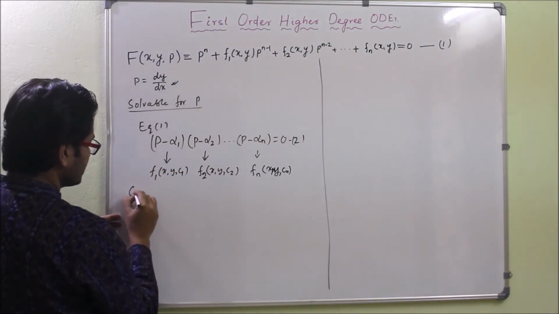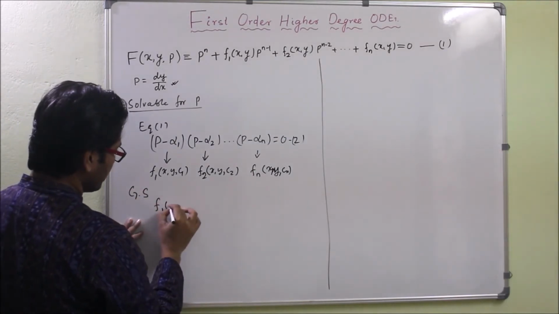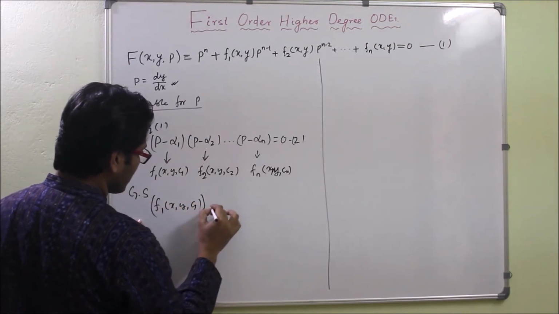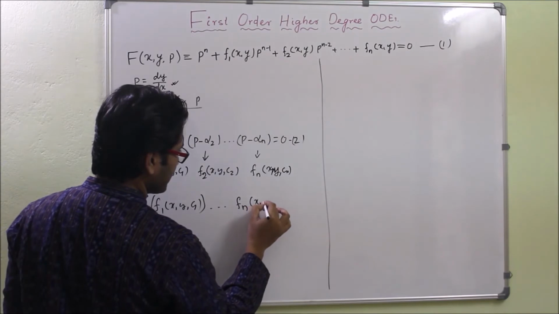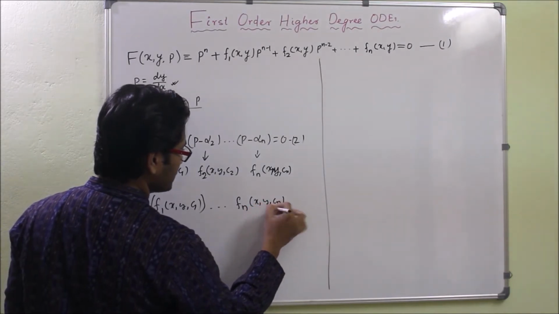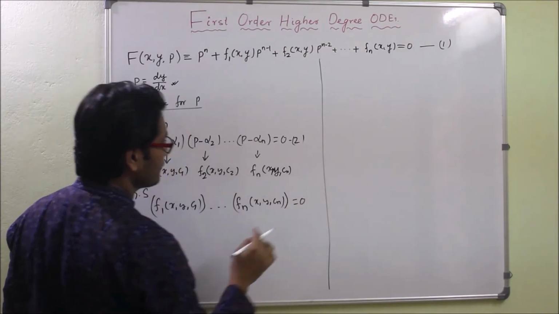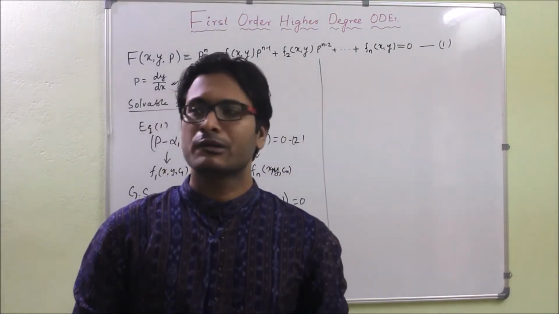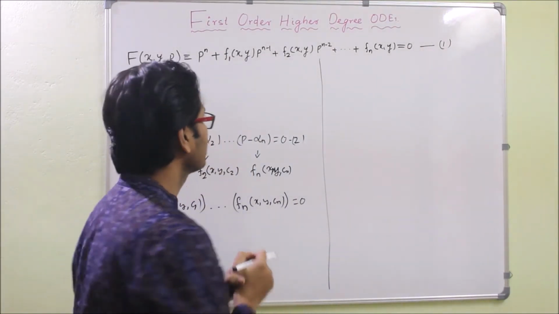Then the general solution will be this f1 x y c1, so product of all these functions. So this is the general solution of the differential equation of type 1. Now through an example problem we will discuss how to solve the problem.